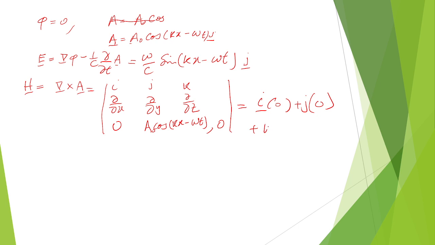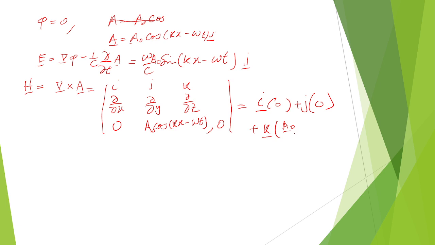And then there is k. So in k we have to differentiate this with respect to x and that with respect to y. So we have got something. With respect to x we have A naught, and that is omega A naught over c.